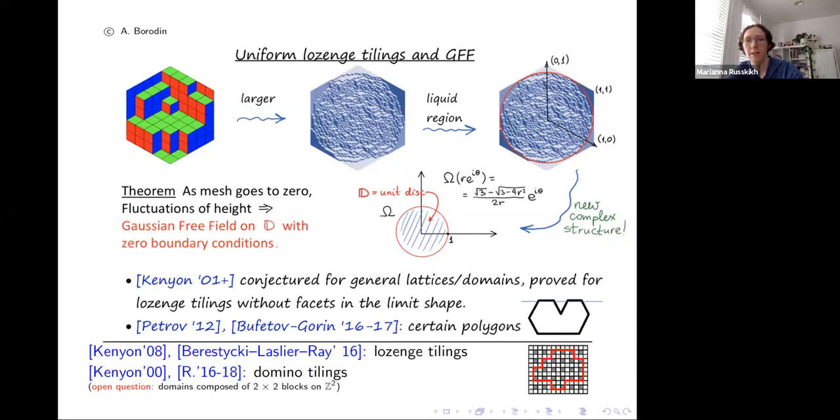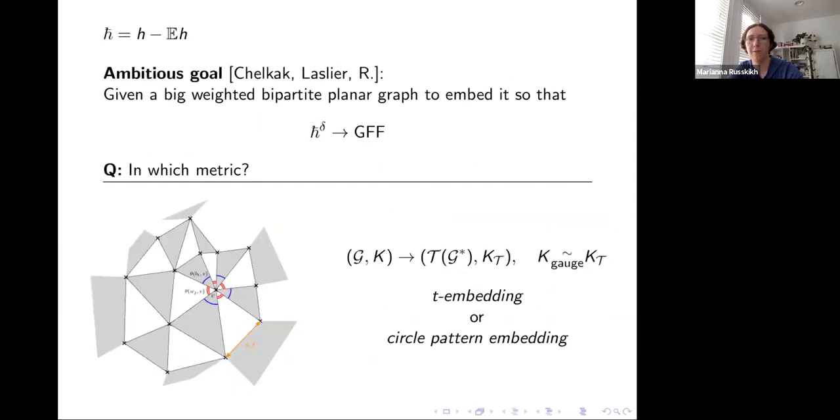Okay, so all results mentioned here are for periodic lattices, and moreover, all of them are for the uniform dimer model. What about non-regular, generic planar bipartite graphs?